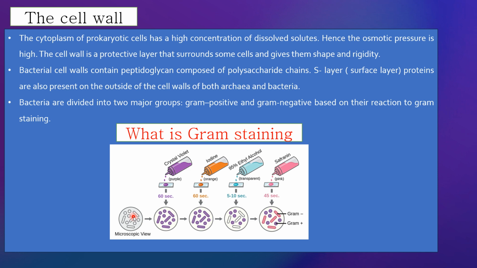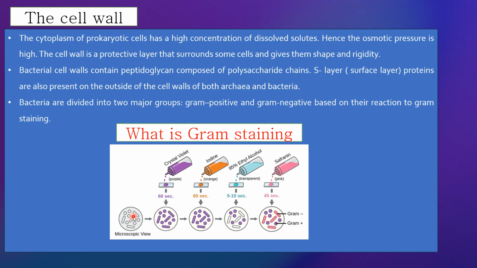Because ethyl alcohol is transparent and can decolorize the bacteria. But it can't decolorize the gram positive bacteria, because the crystal violet penetration was established with the help of iodine. So how can ethyl alcohol decolorize it? Ethyl alcohol is for decolorization.